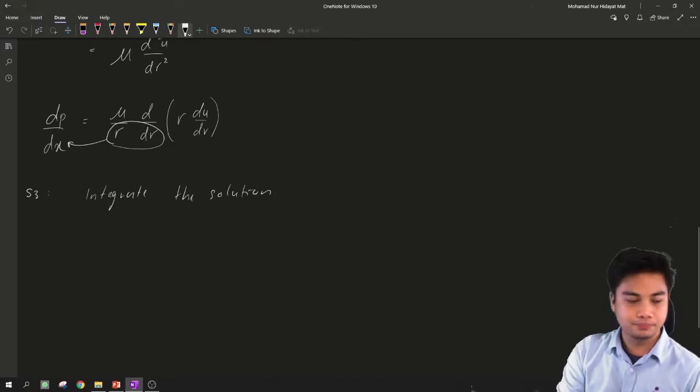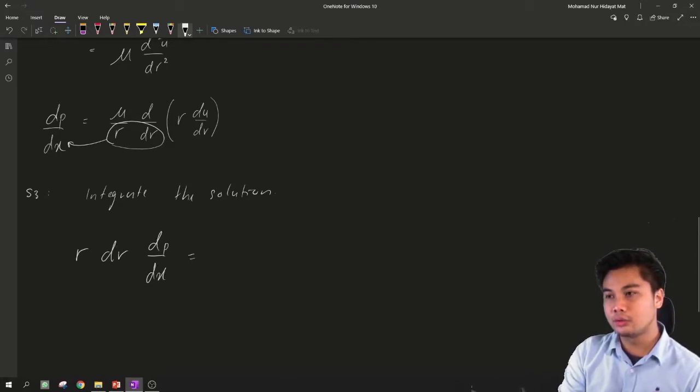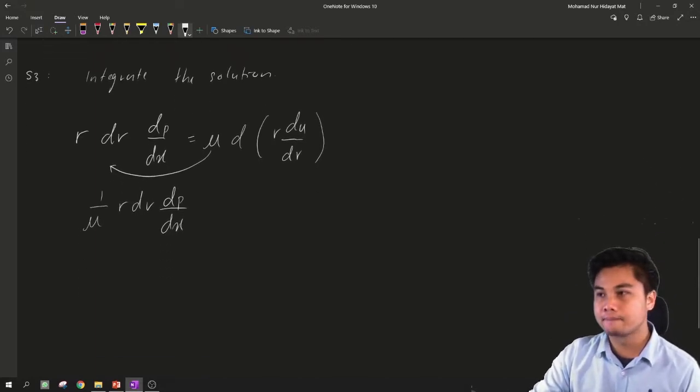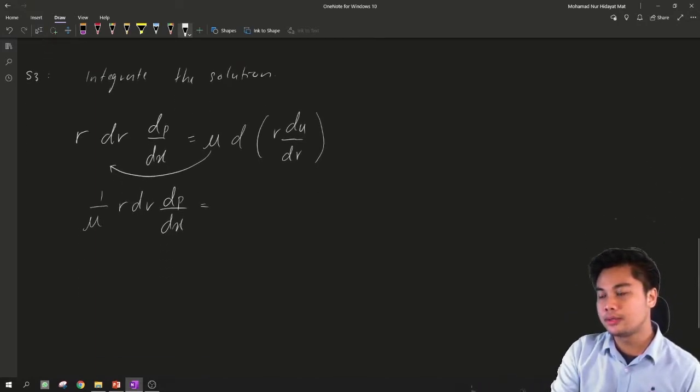So from here, you can move r dr, dp over dx equal to mu d r du over dr. And again, you can move mu to the other side, become 1 over mu r dr dp over dx equal to d r du over dr.